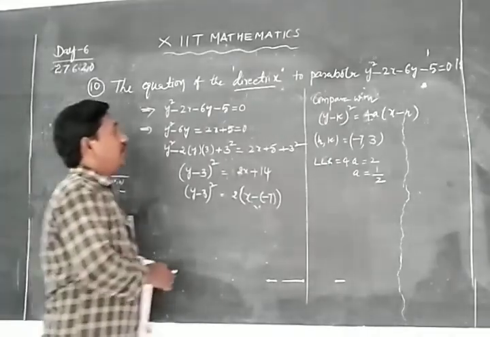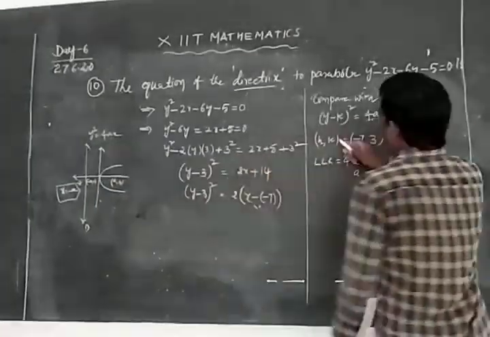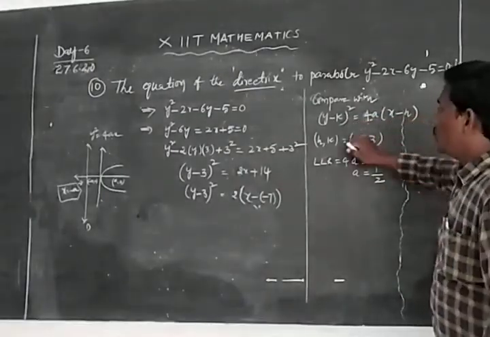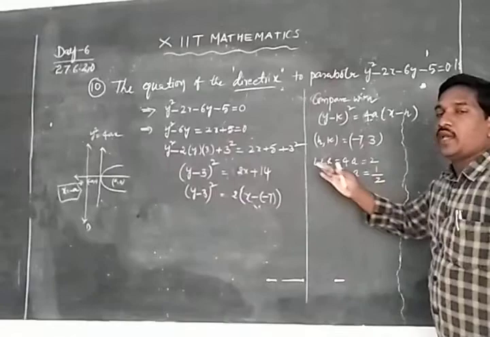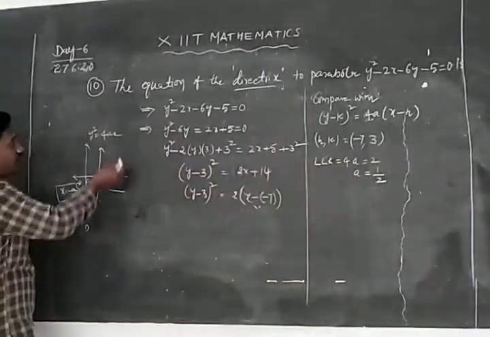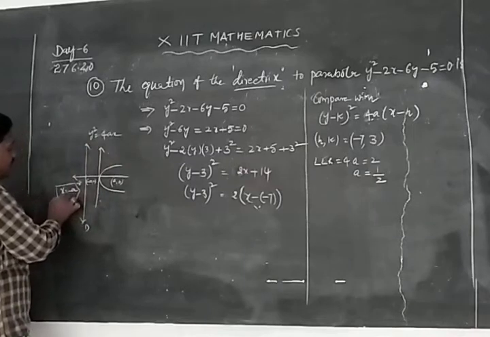But it is in the form of y minus k whole square equal to 4a into x minus h. So h comma k should be added to the x and y coordinates. So for y square equal to 4ax the directrix is x equal to minus a.